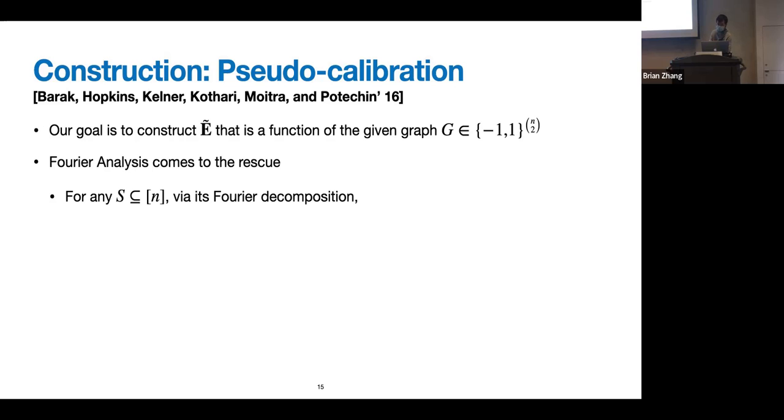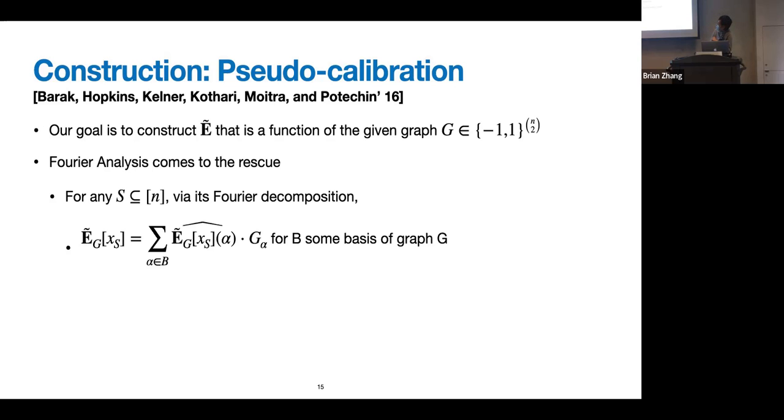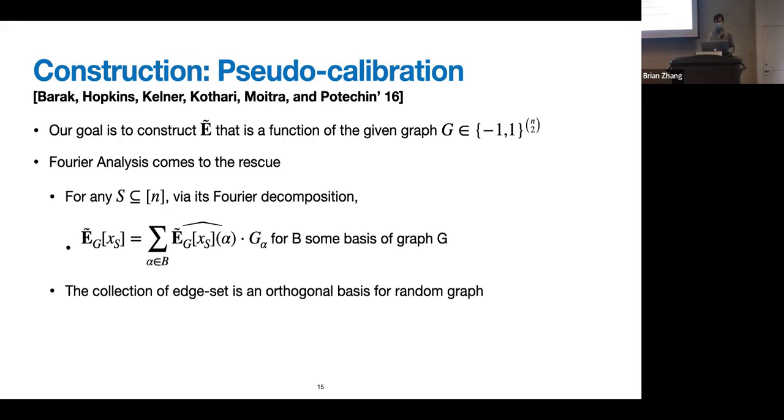For any subset S, think of it, we are trying to assign the moment for E tilde of X_S. We can think of this as a function of the random graph sample. So if there is a basis for the random graph, we can use Fourier decomposition and write it as a function of the graph. And it turns out that the collection of edge sets is an orthonormal basis for the random graph. So for example, here we have edges between 1, 2, 2, 3, 4, 5. This is one of the basis elements for a random graph sample.